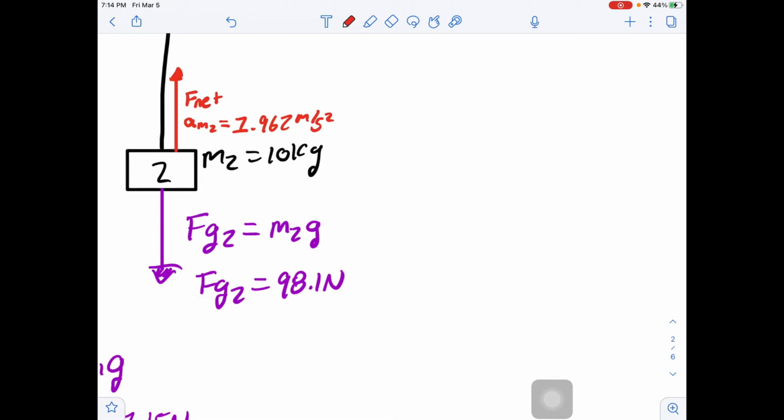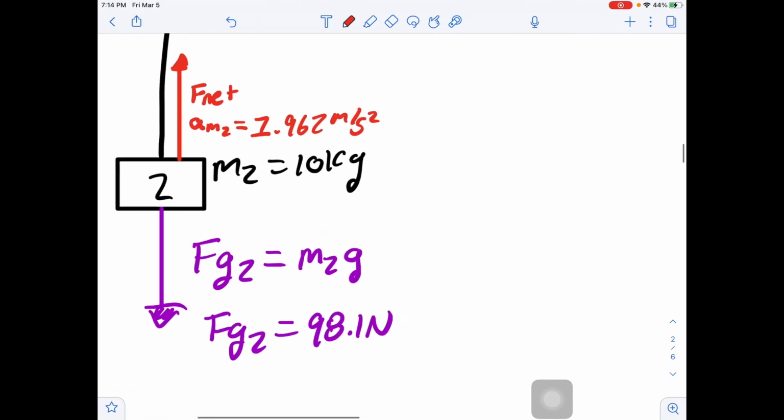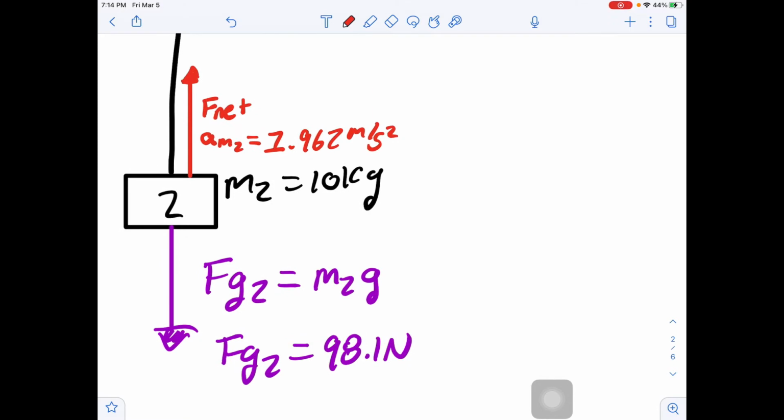So from here, what if we were just focusing on mass 2, ignoring the other mass, what would be the thing causing mass 2 to shoot up? Because currently the only force is pulling down, which is the force of gravity. Remember, the net force is all the forces adding up together.